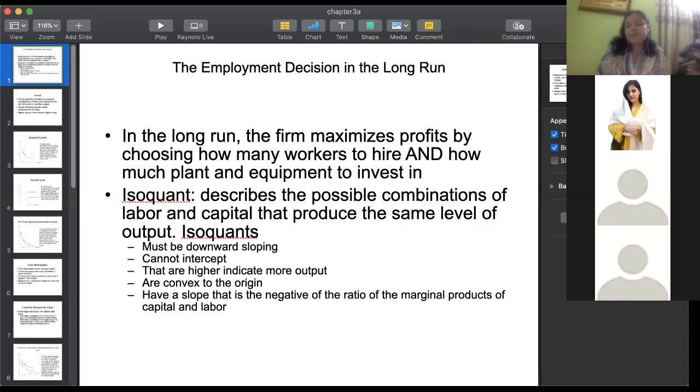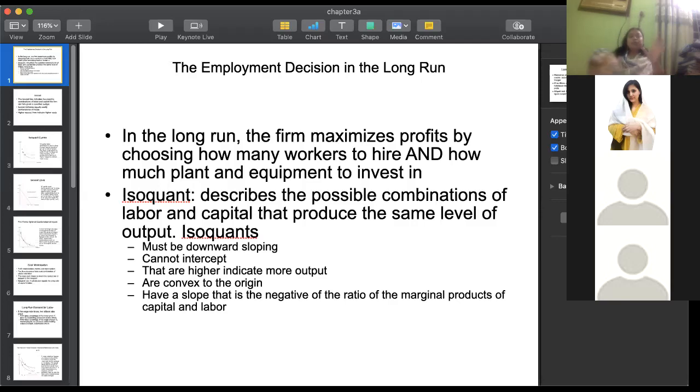There are some properties of isoquants. The isoquants will always be downward sloping. They cannot intersect with each other. The higher isoquants reflect higher levels of output, and they're convex to the origin, and they have a slope that is the negative of the ratio of the marginal product of labor and capital.